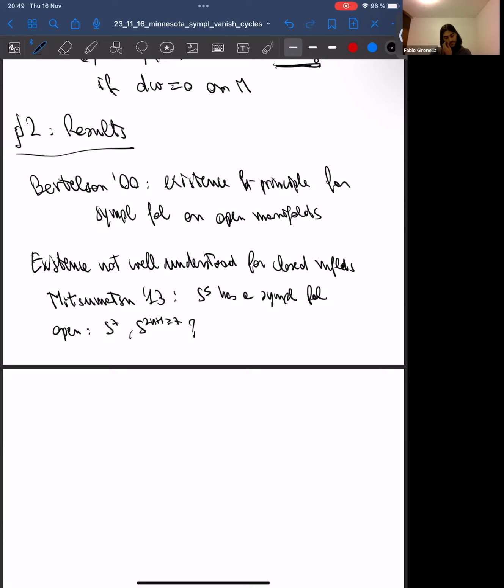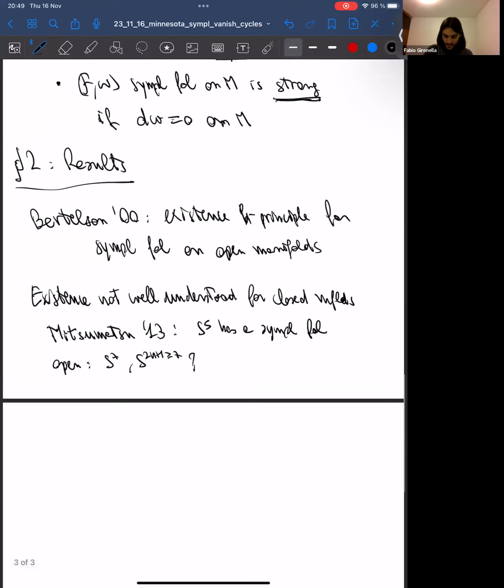Techniques by Mitsumatsu can be pushed a bit further. I did this in joint work with Lauran and Toussaint for 5-dimensional manifolds which are simply connected, and for most of them you can find symplectic foliations. But still the techniques of construction are pretty specific; they're related to finding good open books on the manifolds.